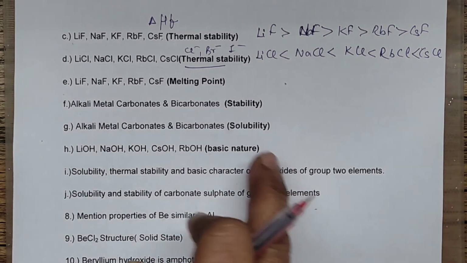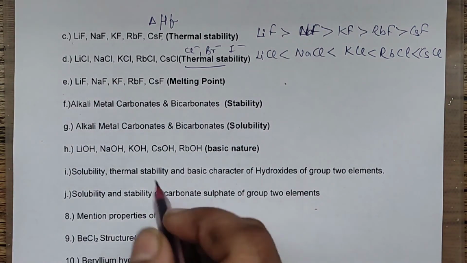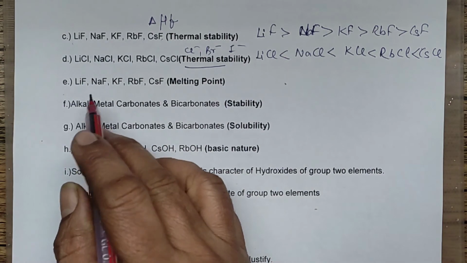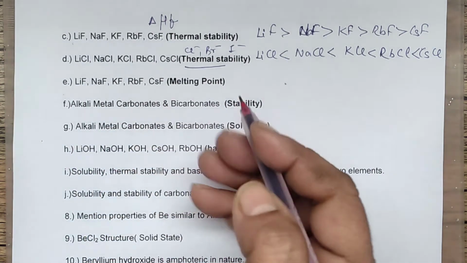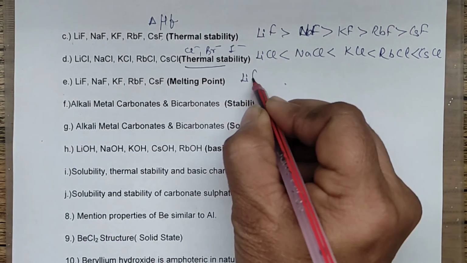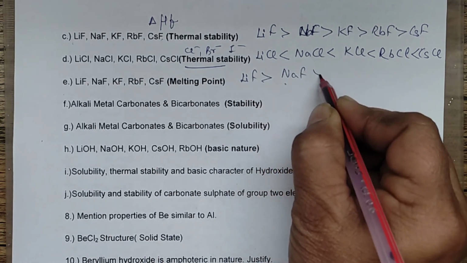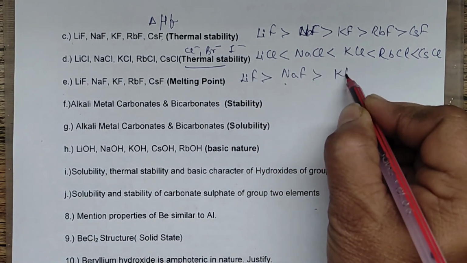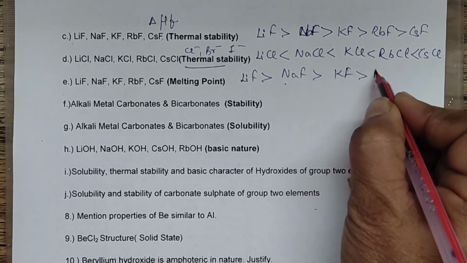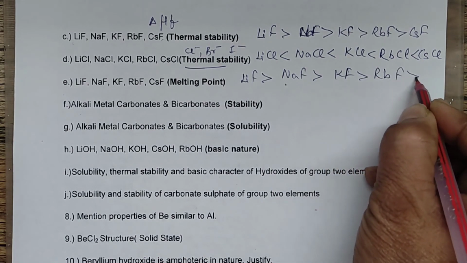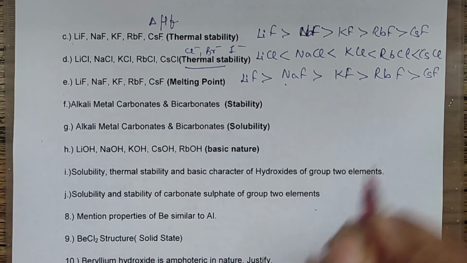The reverse was for fluorides. Melting point is decreasing, in case we are talking about the fluorides, it is decreasing down the group. So maximum is lithium fluoride, then sodium fluoride, then potassium fluoride, then rubidium, and the least is cesium fluoride.